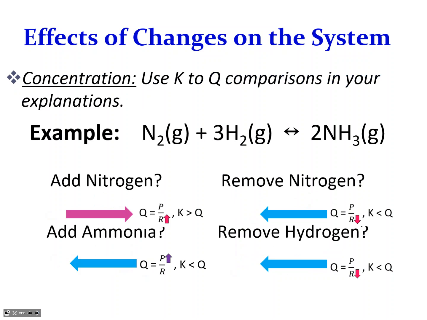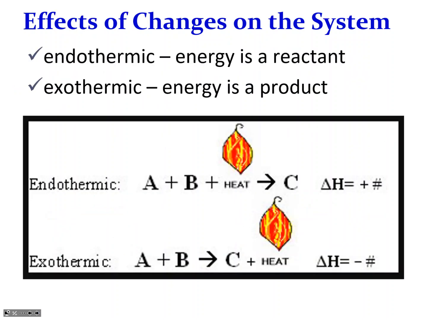All right. Now let's talk about changes with regards to temperature and heat. Going back to our types of reactions with heat exchange, we have endo and exothermic. What you want to think of in this particular relationship is heat as being part of the chemical equation.